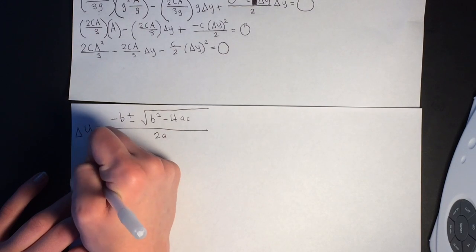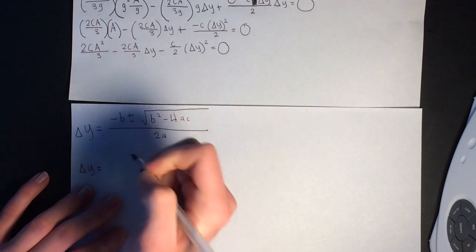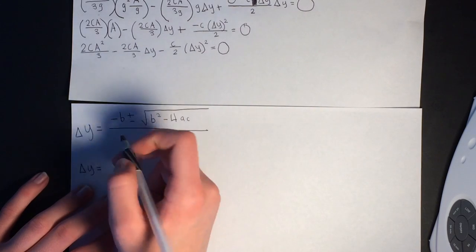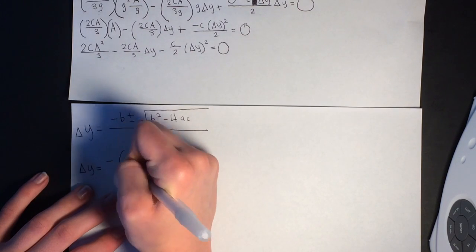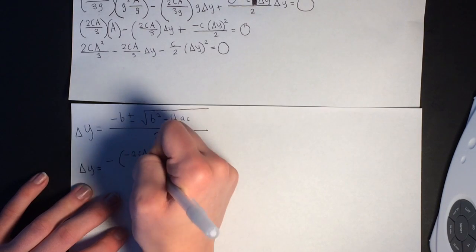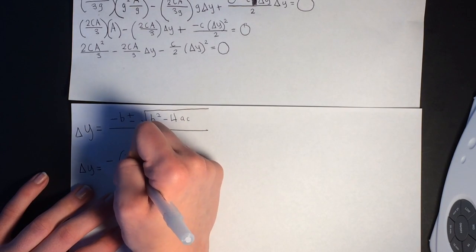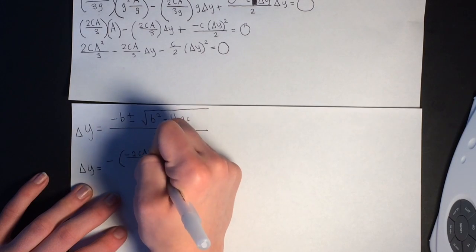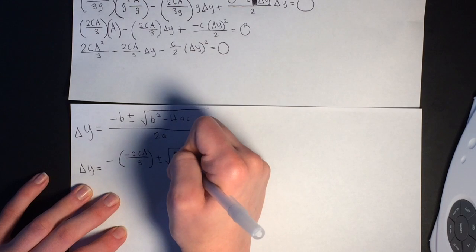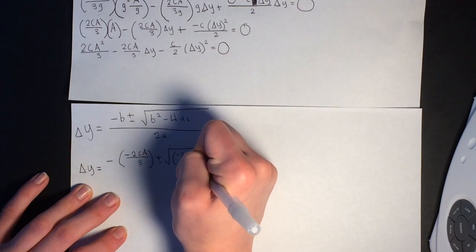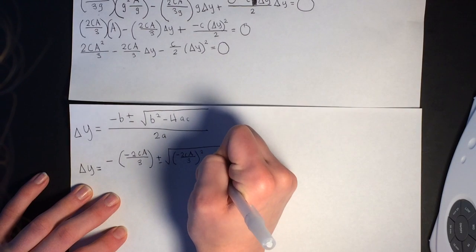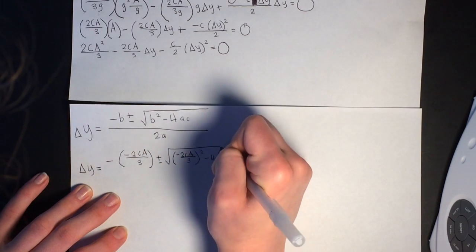So delta y is equal to, b is negative 2ca over 3, plus or minus the square root of b squared, negative 2ca over 3 squared, minus 4a.